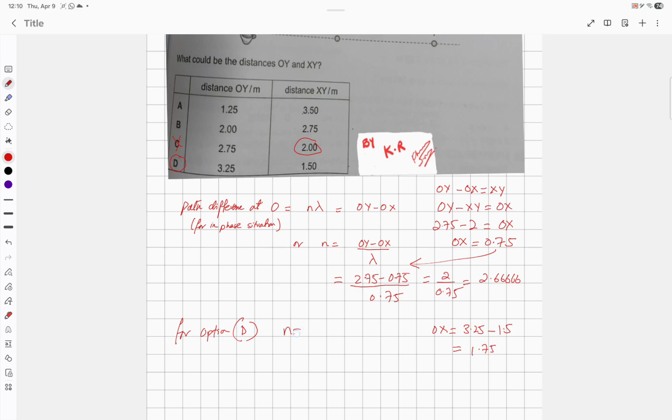Now for the formula of n, 2.75 minus 1.75 divided by 0.75, the wavelength. So we are left with 0.75 divided by 0.75, which is 1, and 1 is a whole number. The path difference must be a whole integral multiple of lambda for constructive interference. So it is proved that the right option is D. You got this? Thank you very much.